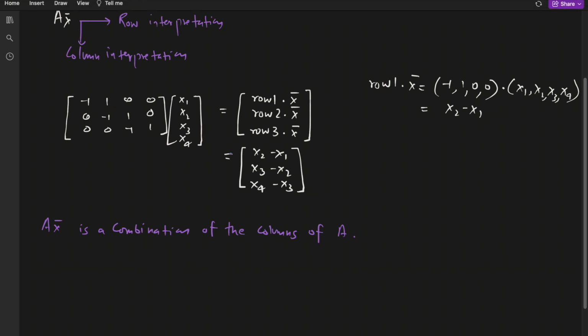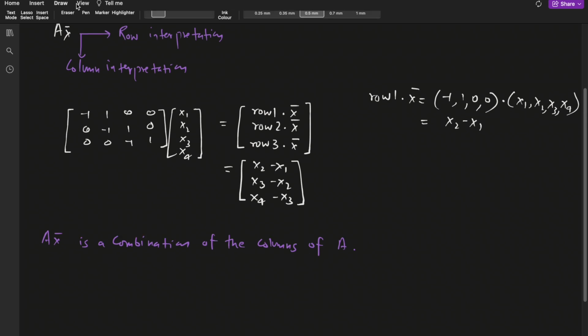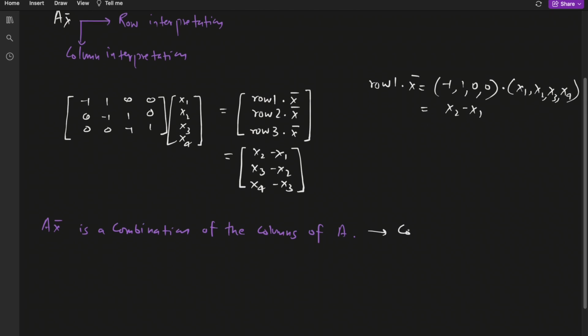This is the column interpretation, the column picture, and the other is the row picture or row interpretation.